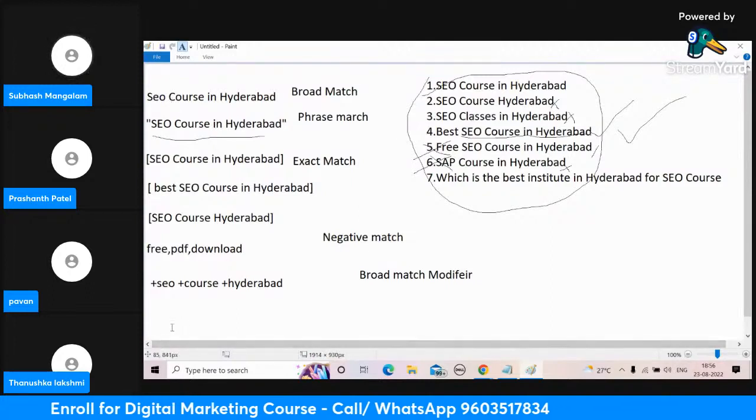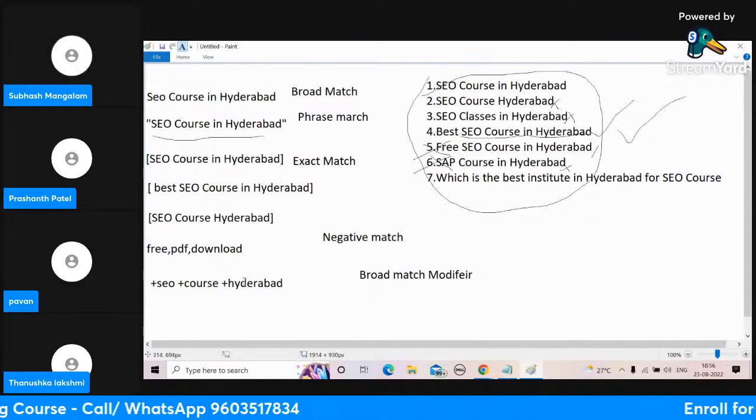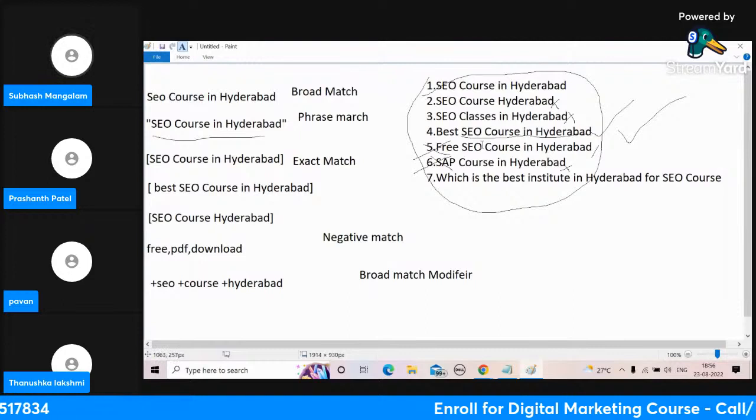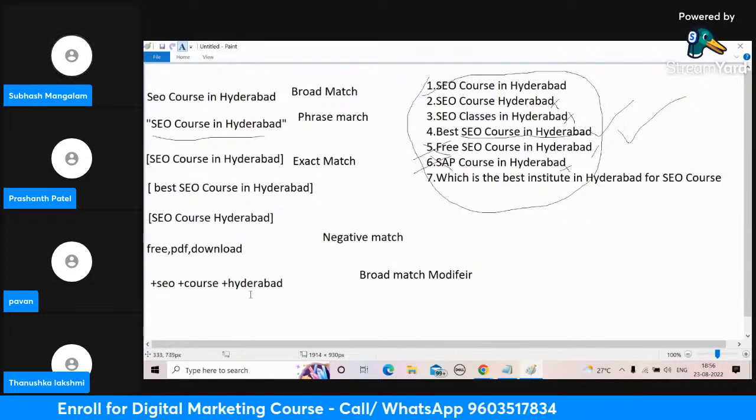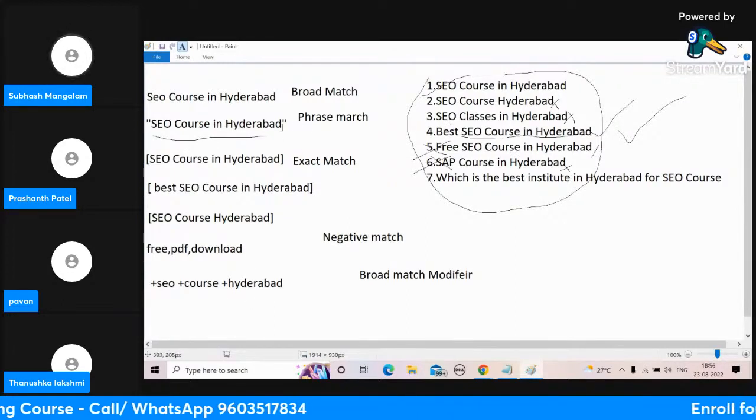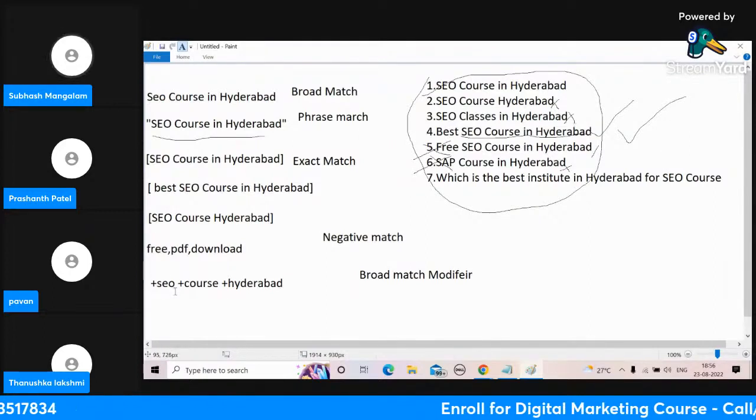But here you specified plus this word, plus this word, plus this word. It means these words should be there in the customer query, but sequence doesn't matter. Someone asked me the question, what is the difference between phrase match and broad match modifier? In phrase match, sequence matters. It has to be SEO codes in Hyderabad only. Before and after anything can happen. But here sequence is not required.